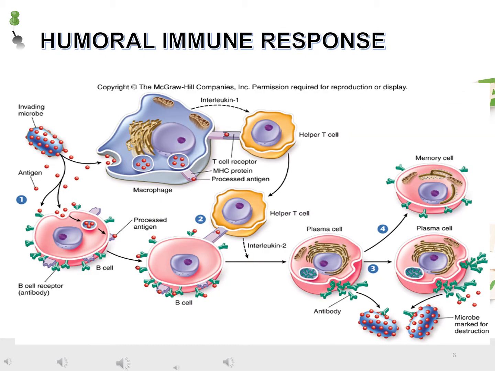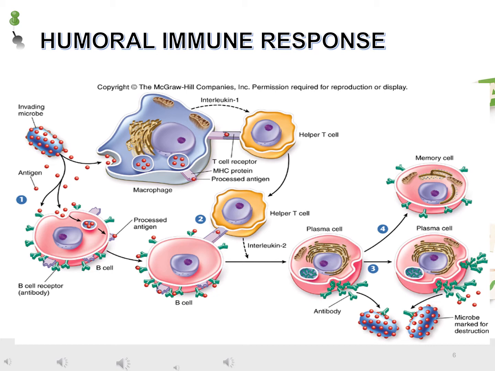Humoral immune response. Number 1. Once antigens are bound to the B cell receptor in the B cell membrane, the B cell displays those antigens bound to class II MHC molecule on the surface of its plasma membrane. Number 2. Activated helper T cell binds to the sensitized B cell. Activated helper T cell will release interleukin 2 that co-stimulates the sensitized B cell and triggers its activation.